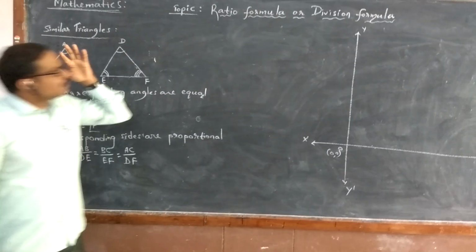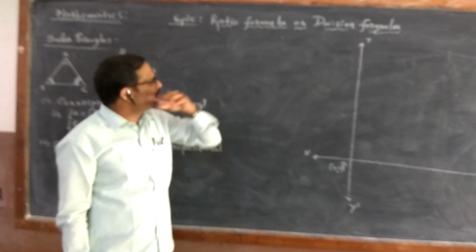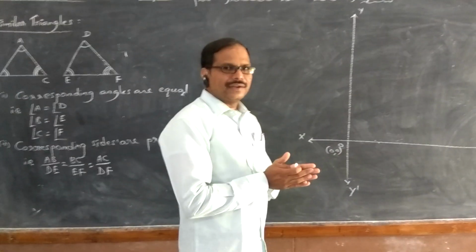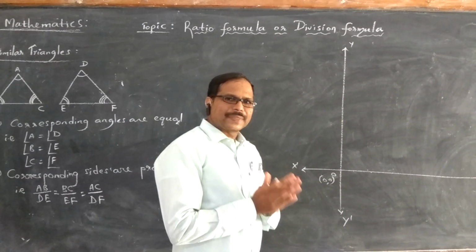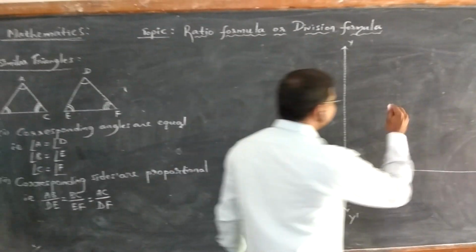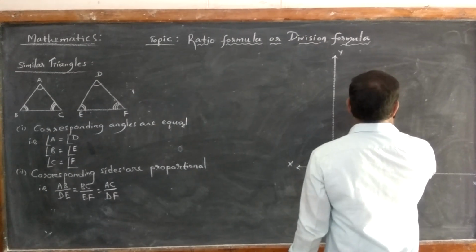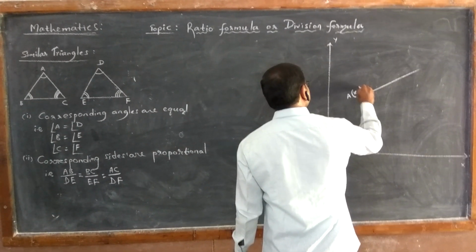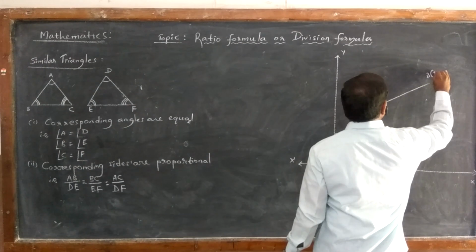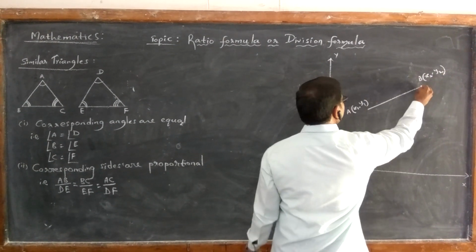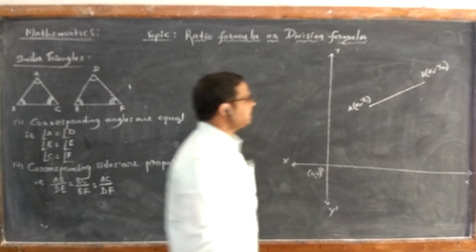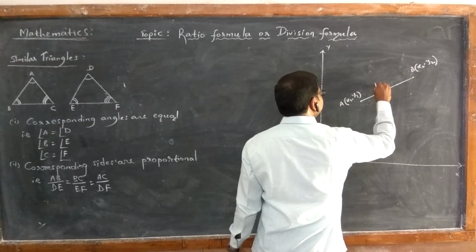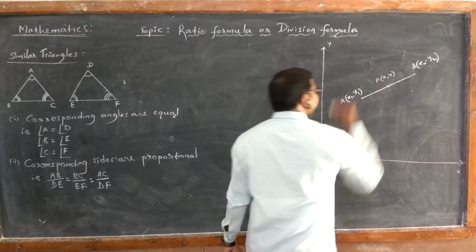Now, when it comes to the ratio formula or division formula, I am going to take a line segment joining A of x1, y1 and B of x2, y2. This is the line segment joining two points. Somewhere one division point I am taking, P of x comma y.